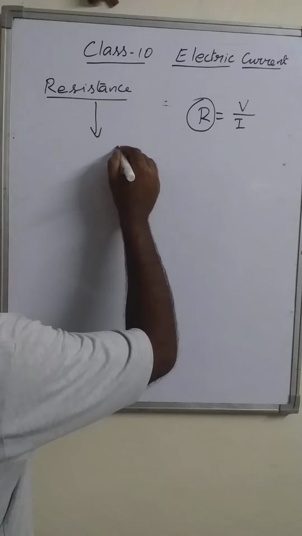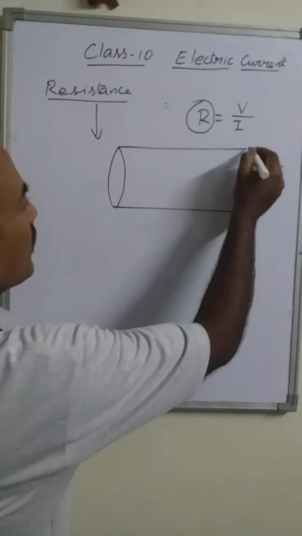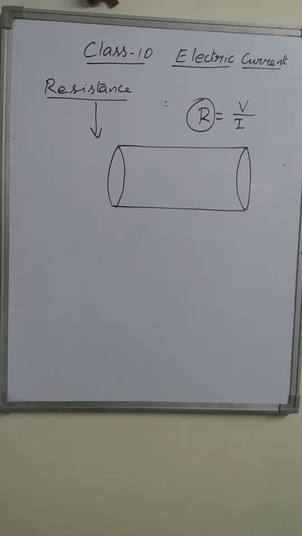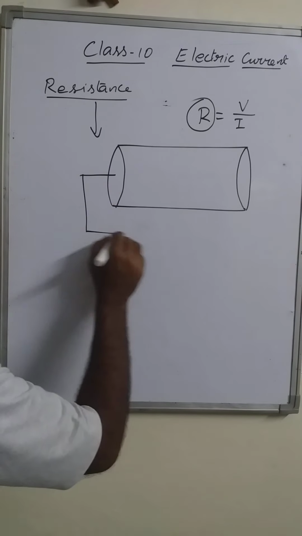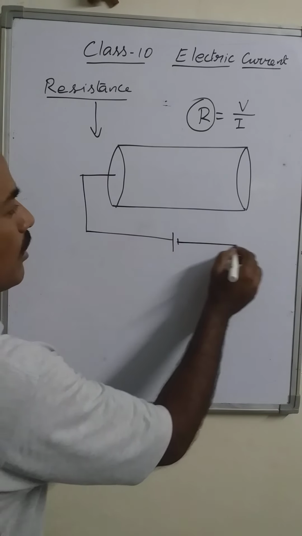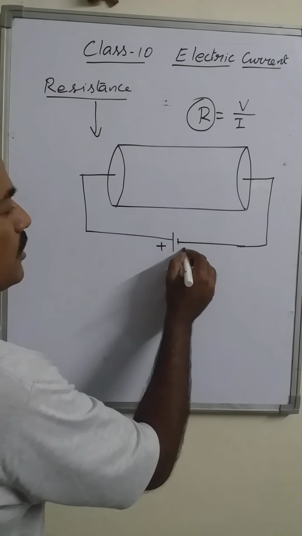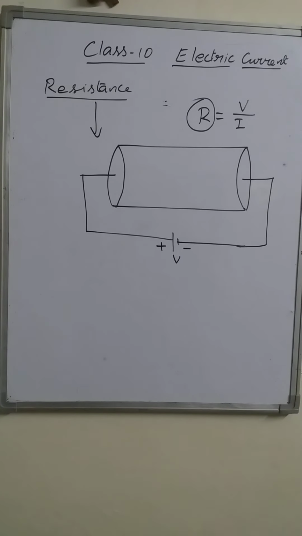If we take a conductor, a wire in the form of a cylinder, and connect the ends of the conductor across any source, that is a cell or battery, then definitely what happens? This has the potential difference V across it, right?